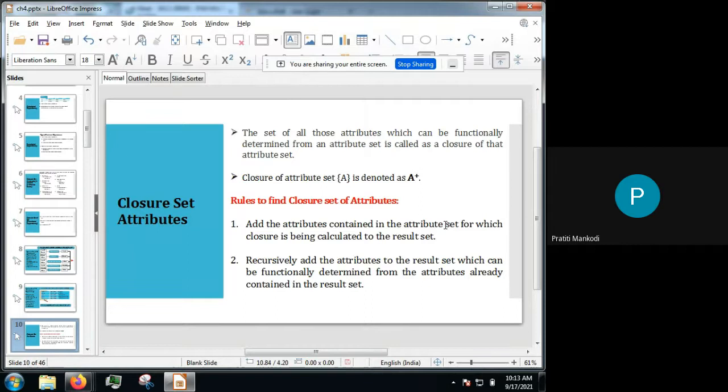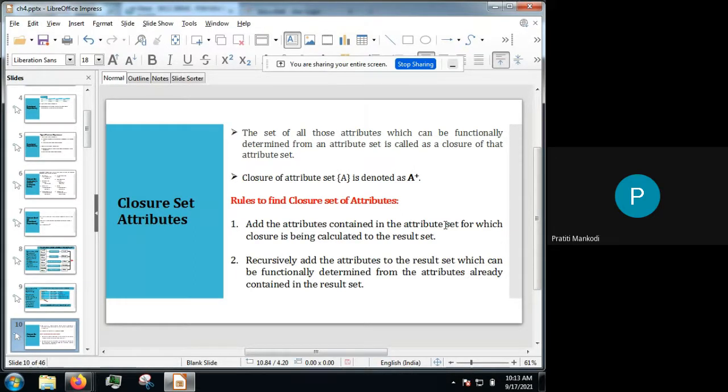and vivas. The other thing is, your mid-sem syllabus will be till this topic, closure set of attributes. Anyways, I'm not going further from this topic. In the next session also, I'll be discussing the GATE questions, because even if I do the next topic, I need to repeat it because we'll be having a gap of 1 week, right, because of your exam.